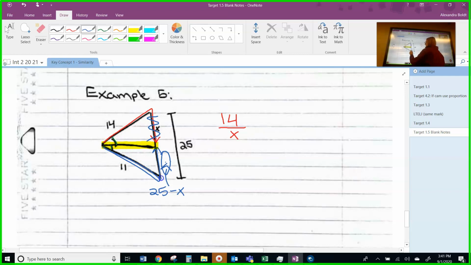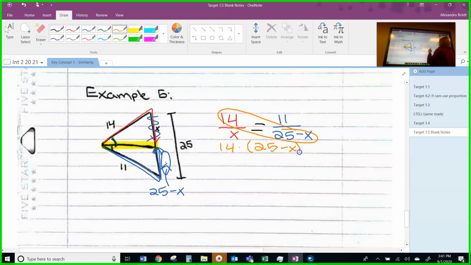So I have 11 over 25 minus x. And those are equal. So cross multiply. I have 14 times, in parentheses, 25 minus x.